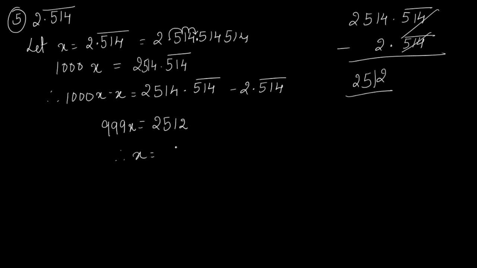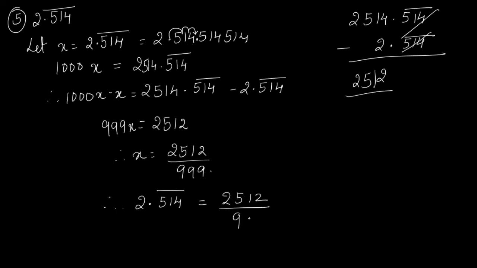Therefore x is equal to 2512 divided by 999. So therefore I can write it down as 2.514 bar is equal to 2512 divided by 999. So I hope this is understood, children.